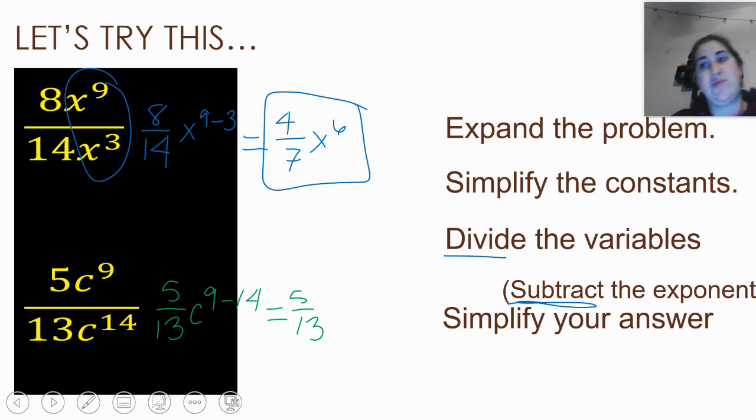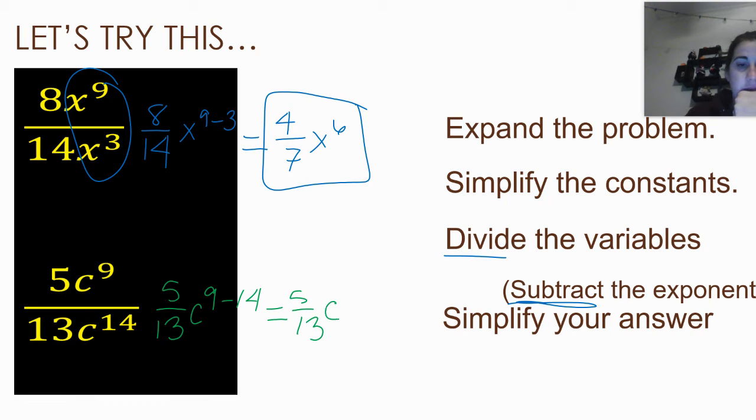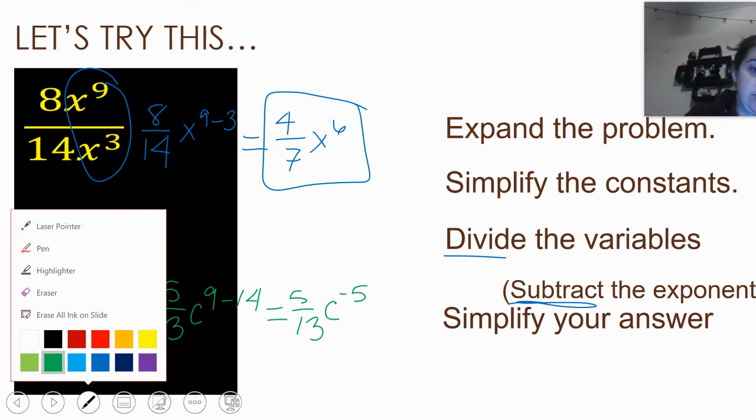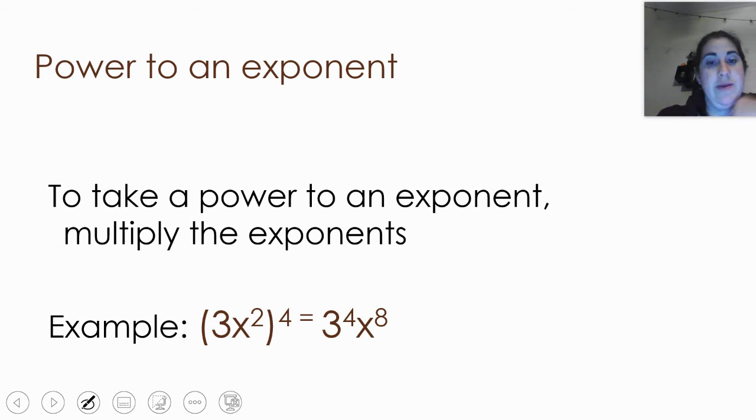And then 9 minus 14, that gives me C to the minus 5, because 9 is smaller. Now, we can rewrite this so that it's positive as 5 over 13c to the power of 5. Okay? All right, let's do a challenge problem.